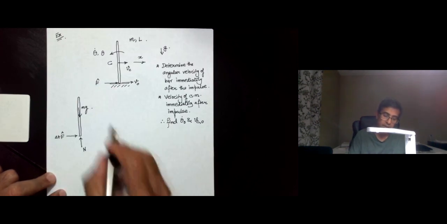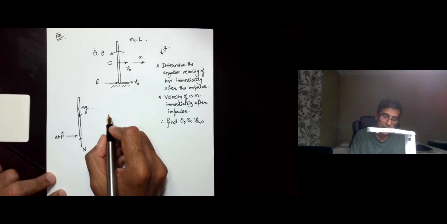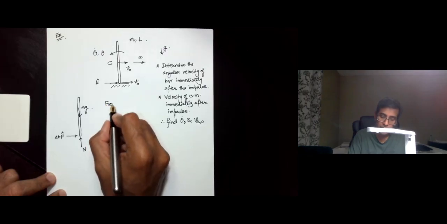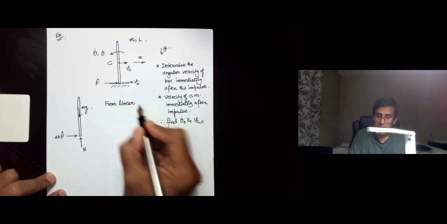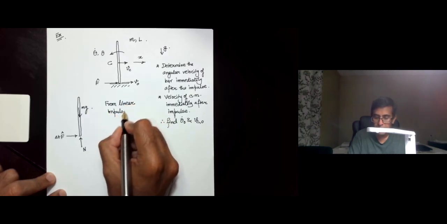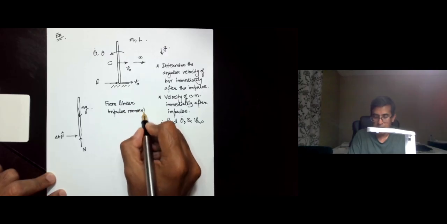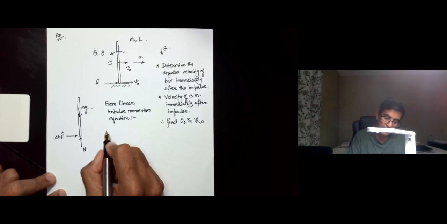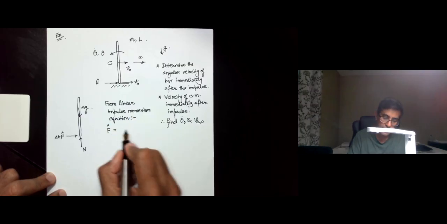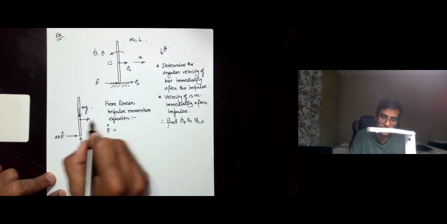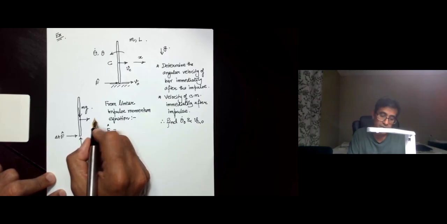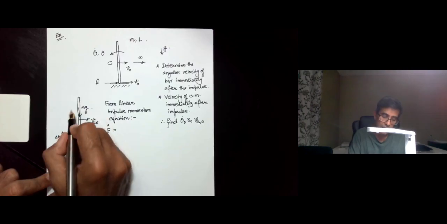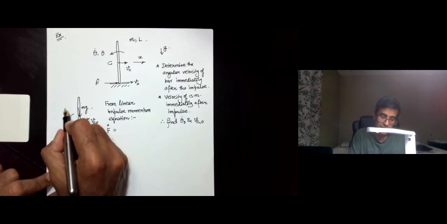So this is the free body diagram, and from the linear impulse momentum equation we have F hat equal to, taking this direction as x, the velocity produced Vc0 and the angular velocity produced theta dot 0.